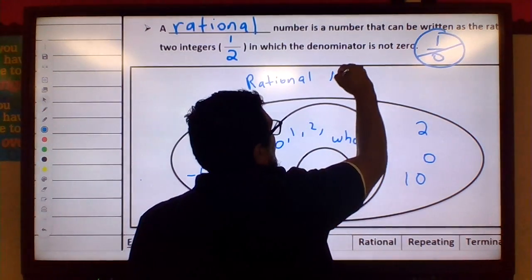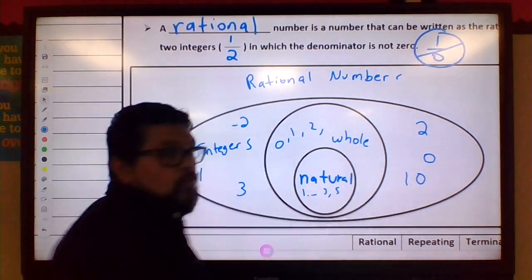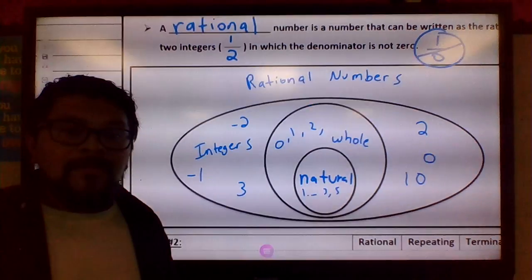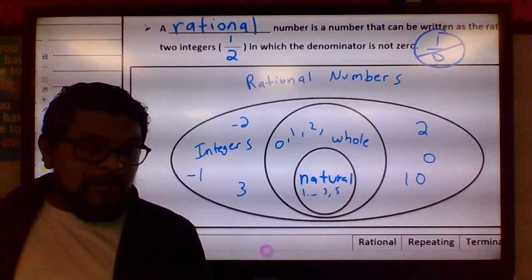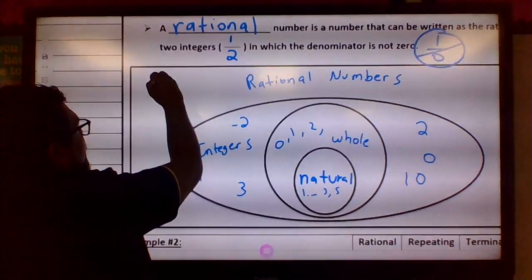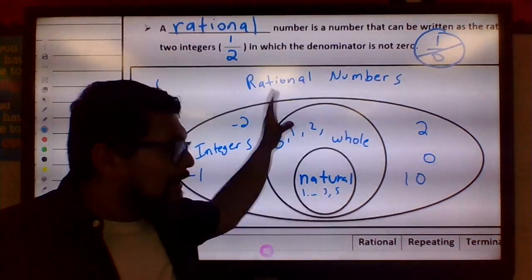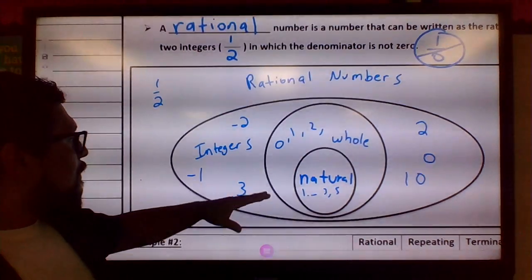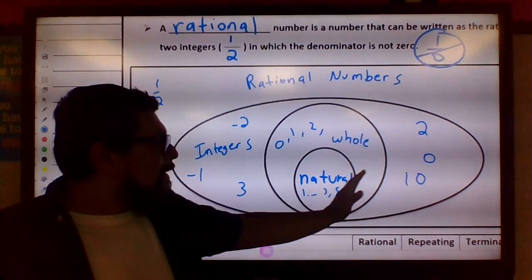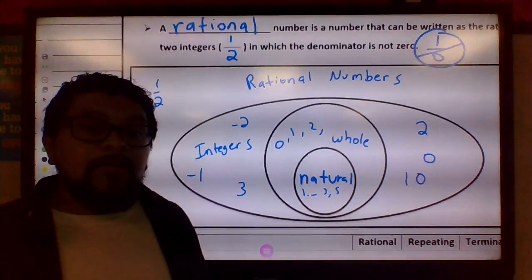Rational numbers. The cool thing about rational numbers, guys, is it includes everything in here, but it also includes fractions. So you have all these: 0, 1, 2, negative a million to a million. It has all that, but you also include fractions.